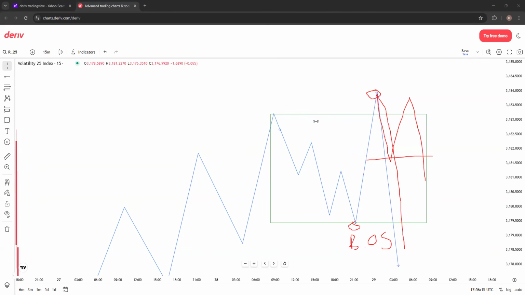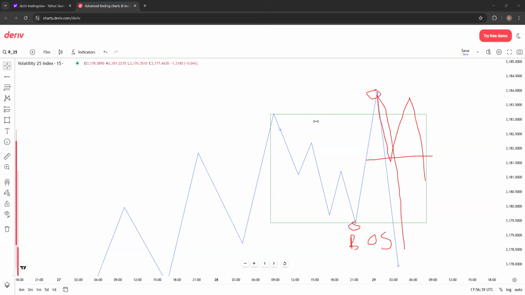My question is concerning the change of character and breaking of low. How do we exactly know when it's a change of character instead of breaking of low? Because from your explanation, both of them are confusing me.